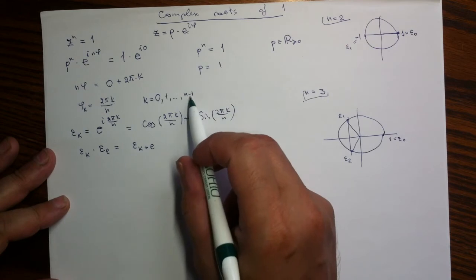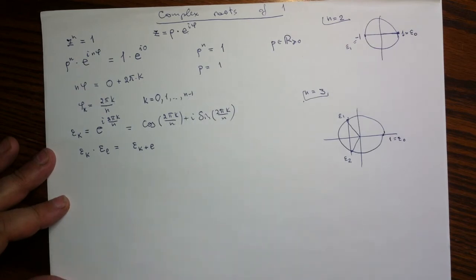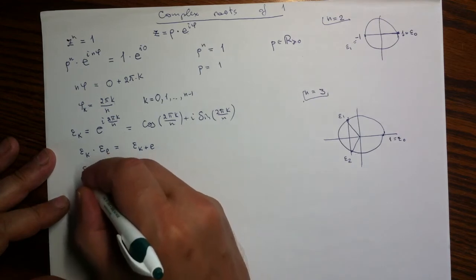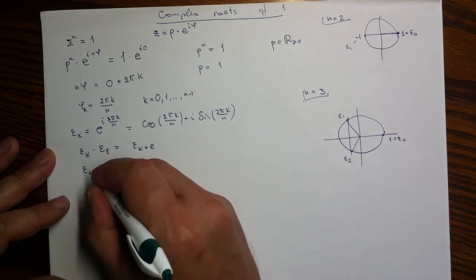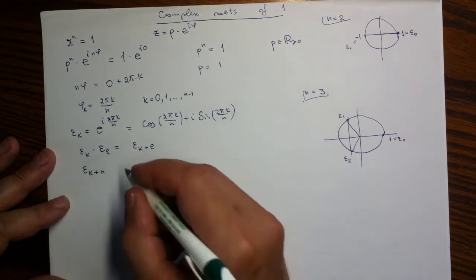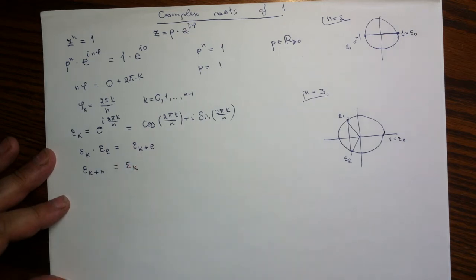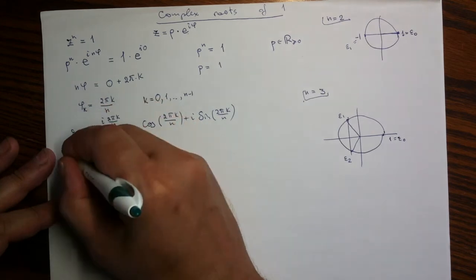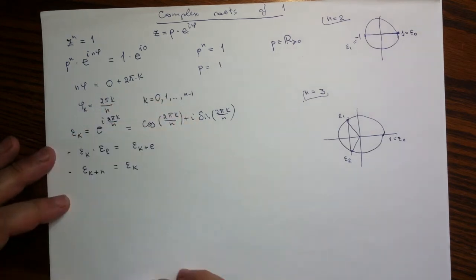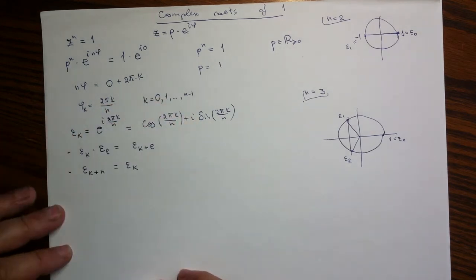Well, if k plus l is larger than or equal to n, you have to reduce it, so that can be recorded as a different rule. If you shift your label by n, you don't do anything to the number. So those are the two convenient rules for this labeling of complex roots of 1.